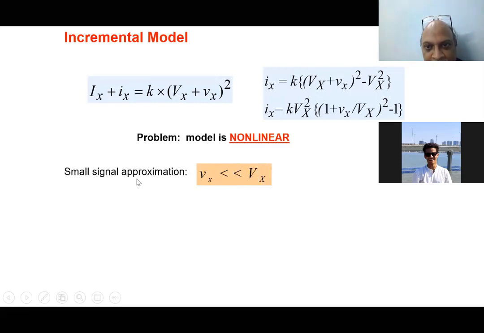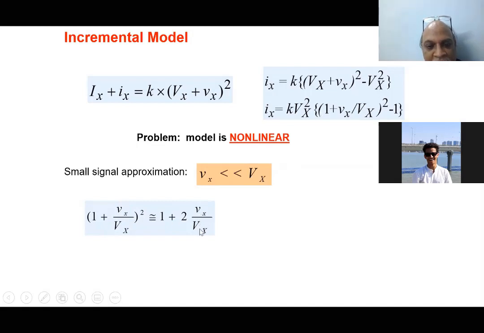And here is where an interesting concept comes in. If the incremental change in voltage, let's say vx, is small, we can linearize the nonlinear equation. So in this case, note that if this incremental change vx is much, much smaller than the normal bias Vx across this element X, then we can do an expansion of this, keep only the first term.